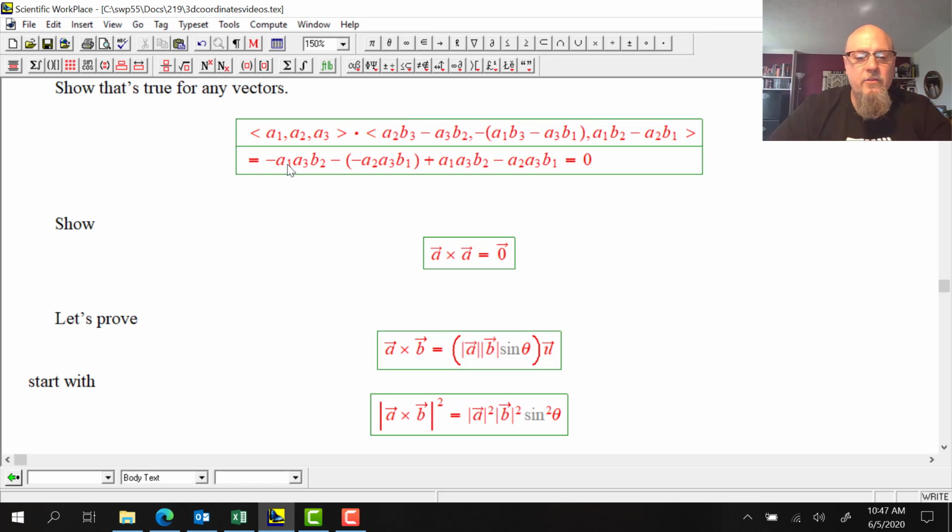Here's minus A1, B3, A2. Here's a plus A1, B3, A2. Those pieces cancel out. So if you do the canceling, everything else cancels out to be 0. So that we have it in our notes here, let's put this first piece back here, which is the A1.